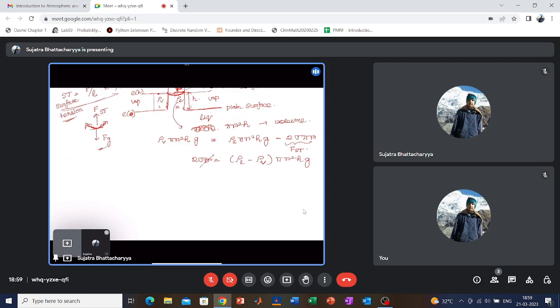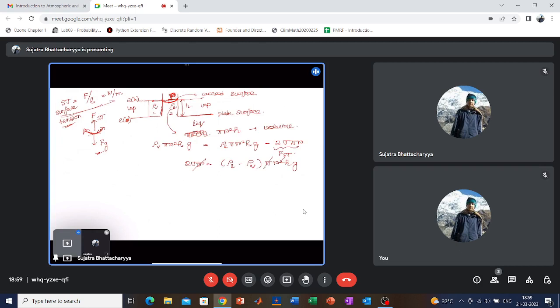So this pi r, one pi and one r can go, and you get 2 sigma is equal to rho L minus rho v into r h g. So from here we get h as 2 sigma divided by rho L minus rho v into r into g. This is the expression of the height we have got by comparing the forces in the two different regions, and they must be the same. This is the concept we have used.